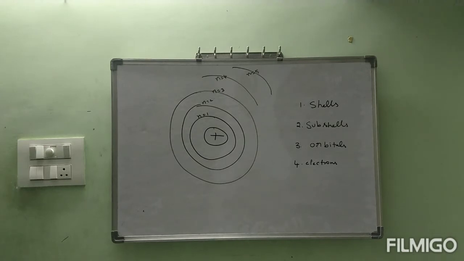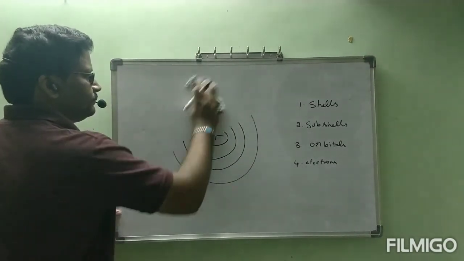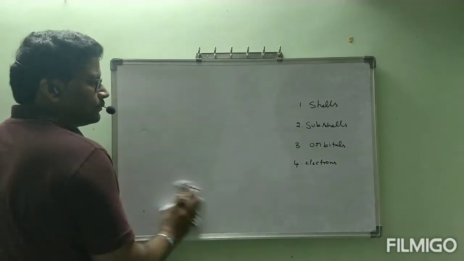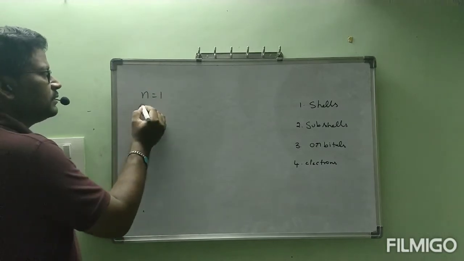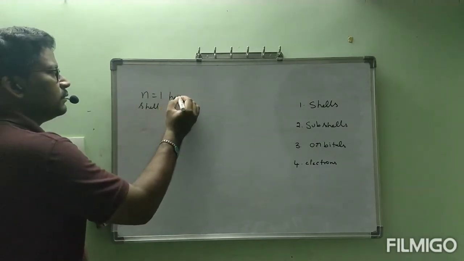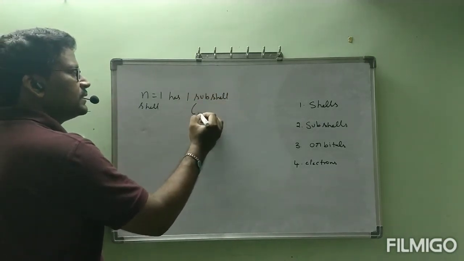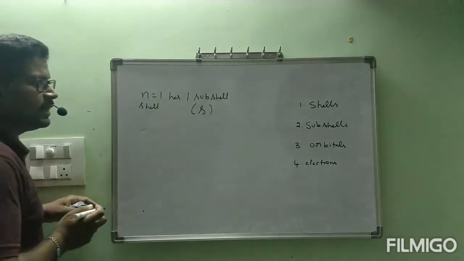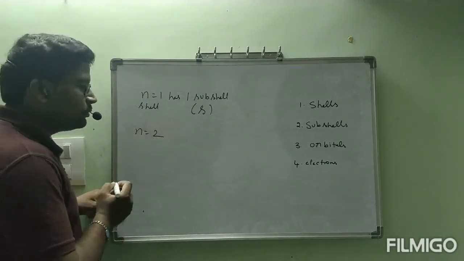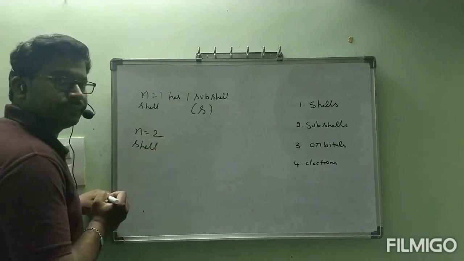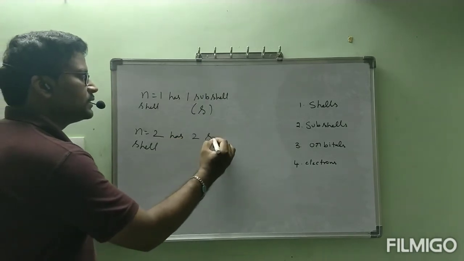Now let us consider. Please observe carefully, all of you. N is equal to 1. This shell has 1 subshell. The name of that subshell is s. Next, n is equal to 2. The second shell has 2 subshells.